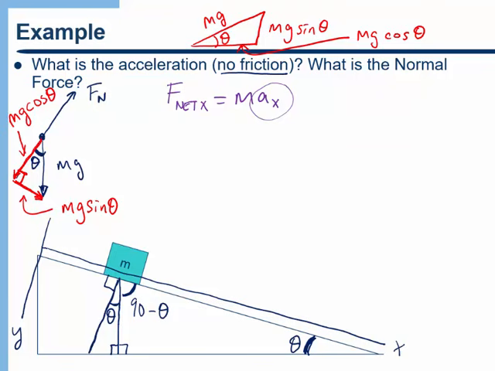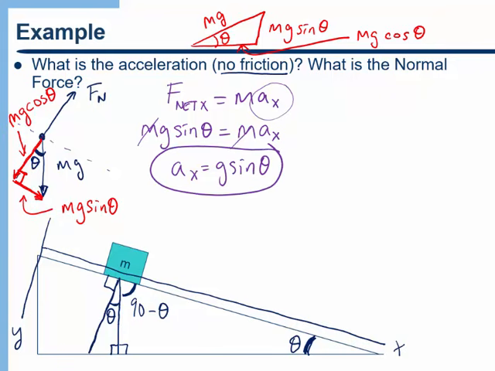If we look at our free body diagram, the only force acting in the x direction, in other words along the incline, is the component of mg sine theta. So that's got to be equal to m a_x. You'll notice we can cancel out the m's, and we find that the acceleration is g sine theta.